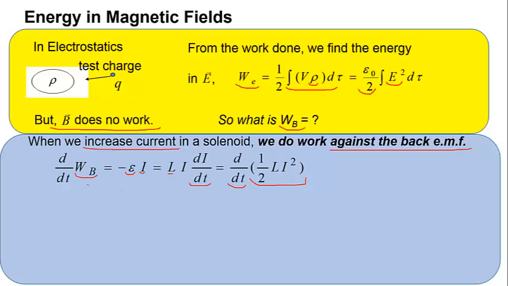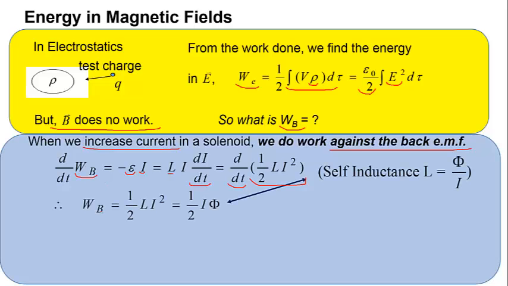So what we find then, if we compare the arguments of the two derivatives, we can equate those, and we would have then that the energy of the magnetic field associated with an inductor with a current I flowing through the inductor would be given by this expression here. And this is a very useful way to do it.